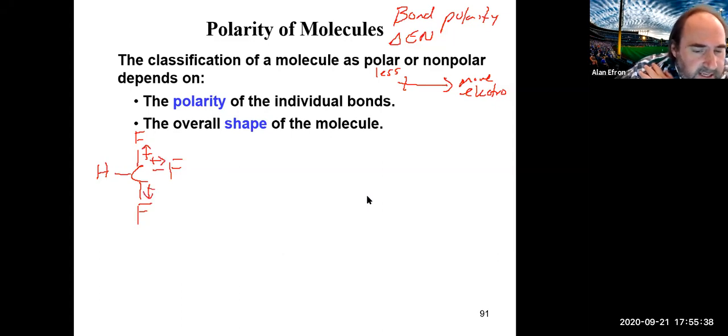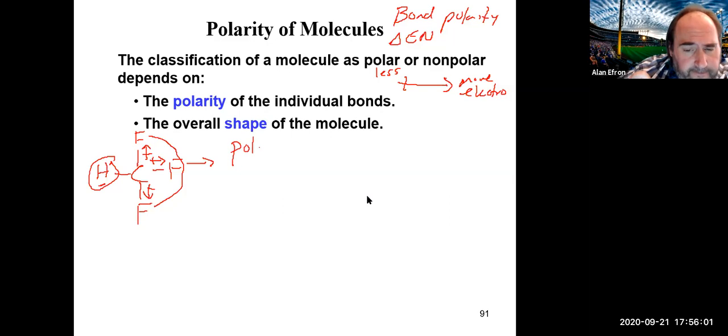And now instead of this guy pulling the opposite way on the hydrogen side, you have really a nonpolar bond here. So what you essentially have is all three of these guys pulling this way, this guy not really doing much. And what will happen in this situation is this will go from being a nonpolar molecule like it was in the previous example to becoming a polar molecule.